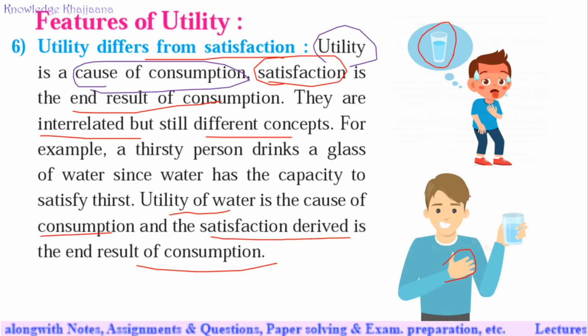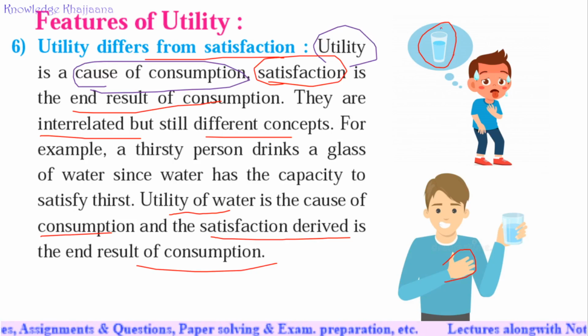For example, if this person is thirsty, he wants a glass of water. If a glass of water is just shown to a thirsty person, then he will admire it, he will like it, because there is a utility hidden in the glass of water.